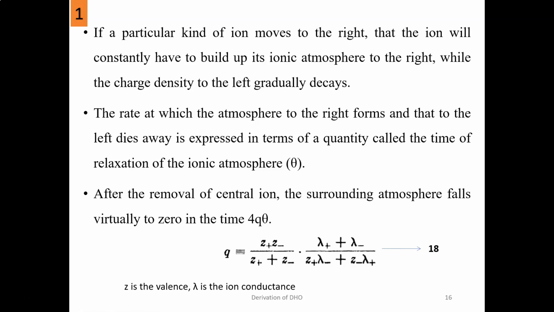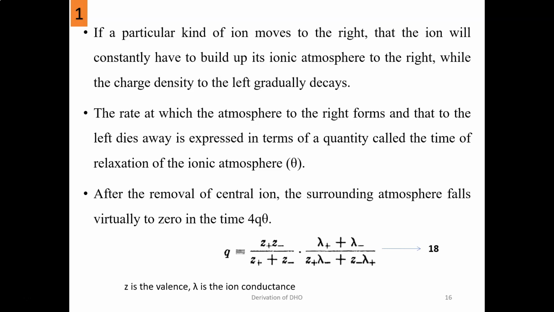When the potential is applied, this ion will be trying to move towards a particular direction. Suppose it is moving to the right, the symmetry of the ionic atmosphere will be lost, and at some point the ion will be moving beyond the ionic atmosphere, so the ionic atmosphere which it previously occupied will have to decay, and a new ionic atmosphere has to be formed.